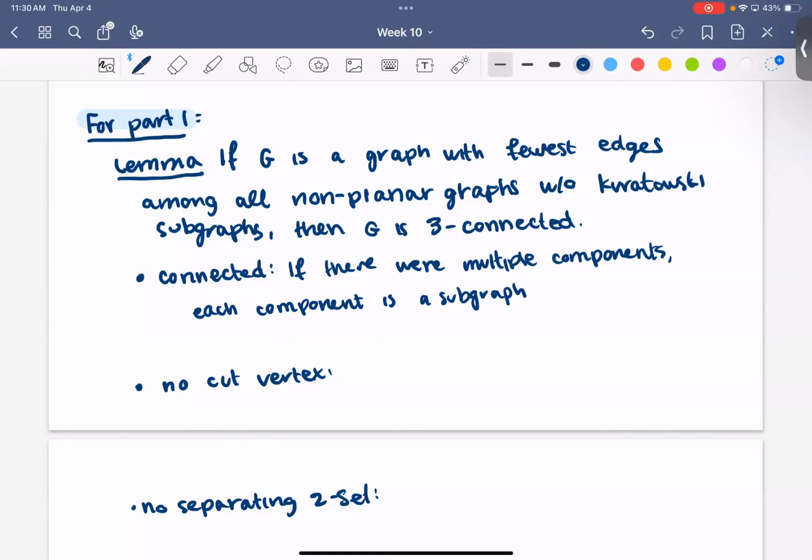So each of the components has to be planar. And this contradicts that G was non-planar.